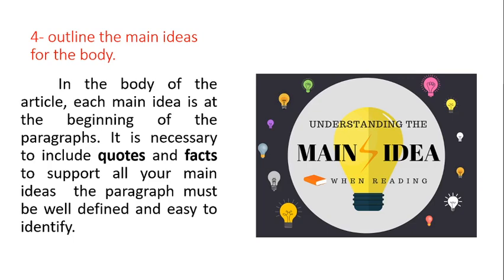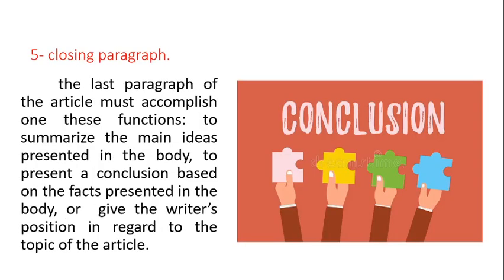The body and the main ideas in this type of writing will include quotes and facts. It's necessary that this is included in the body, in the main ideas, as supporting details. The closing paragraph is different in this type of article because we don't make a closing sentence that leads the supporting details, but instead we make a whole paragraph that has one purpose.